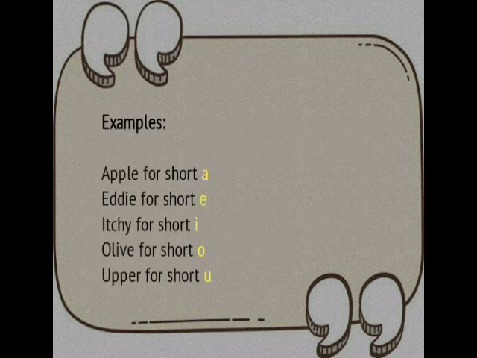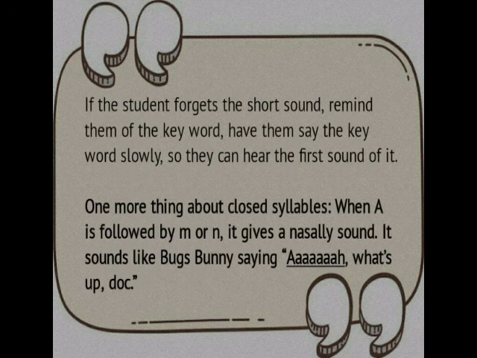For example, apple for short A, Ed for short E, egg for short I, olive for short O, Uber for short U. If the student forgets the short sound, remind them of the keywords. Have them say the keyword slowly, so they can hear the first sound of it.